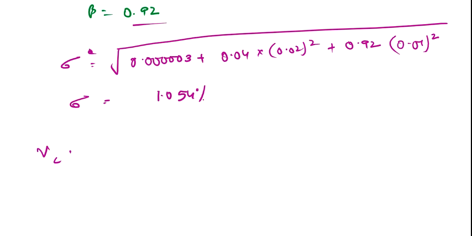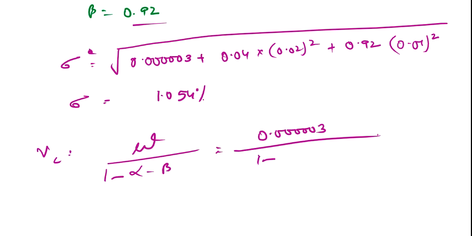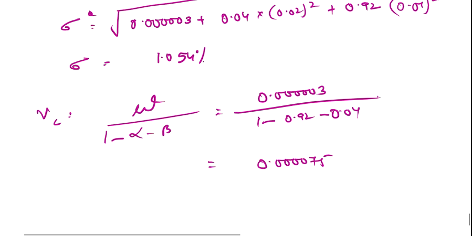Now if the question asks you VL, that is your long run variance, how will you find it out? Omega divided by 1 minus alpha minus beta. What is omega? 0.5 times 10 to the power minus 3. 1 minus, what is my alpha? 0.04. Clear? So when you solve this, you will get the value as 0.000075.